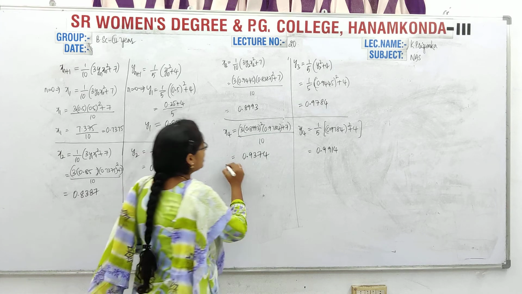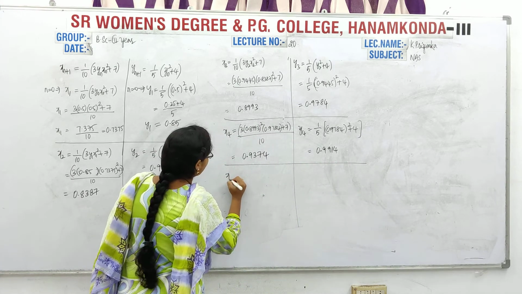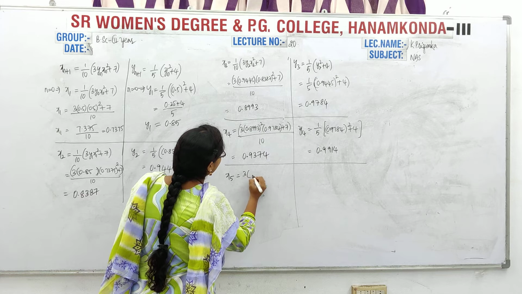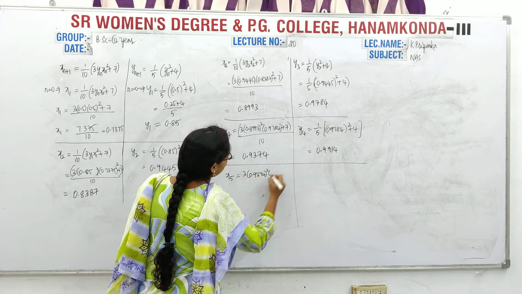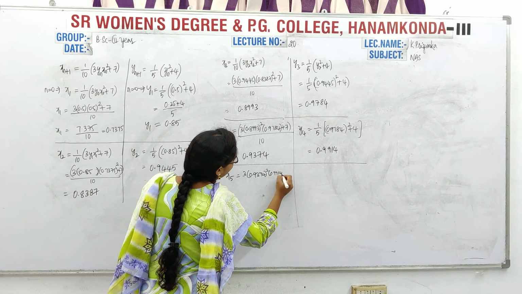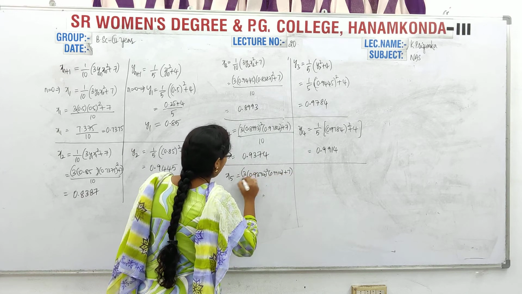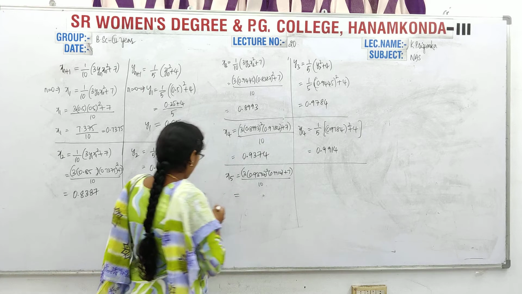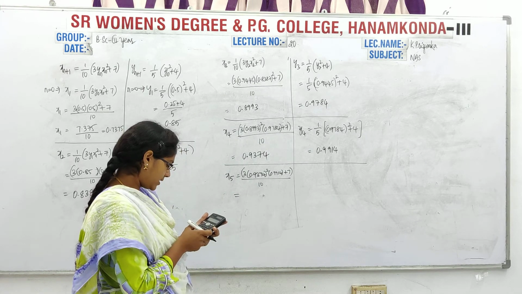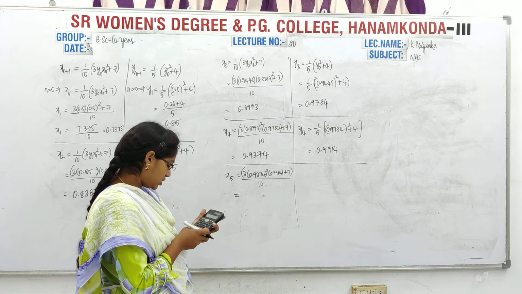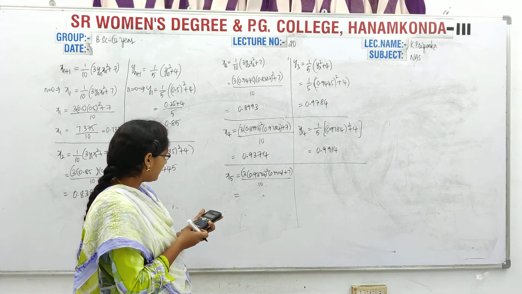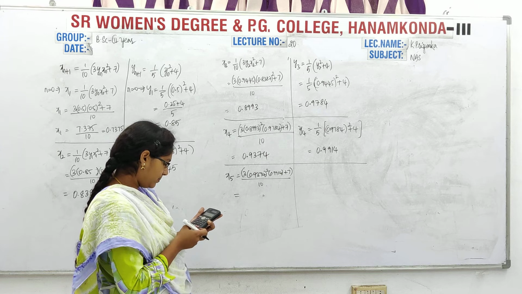Again we have to go for the next iteration, x5. Now 3 into 0.9374 whole square into 0.9914 plus 7 by 10. Now calculate it. 0.9374 whole square into 0.9914 into 3 plus 7 divided by 10.